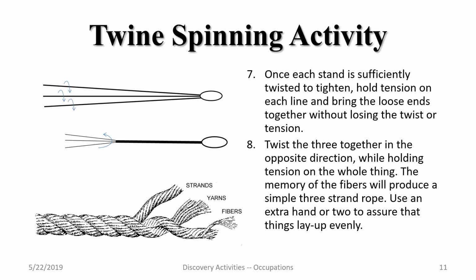Use an extra hand or 2 to assure that things lay up evenly. Set the twist by pulling on the ends and finish by lashing the ends, tying a knot, or taping the ends so they don't fray. The twist may be reversed of the illustrations depending on the twine that you use.